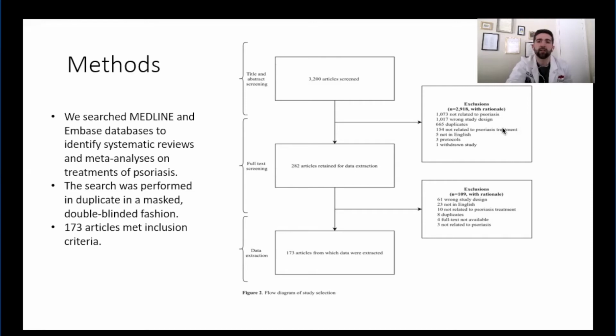These were based on, maybe the papers that we got weren't related to psoriasis, or they weren't in English, or they weren't systematic reviews, those sorts of things. Finally, we ended up with 173 articles.